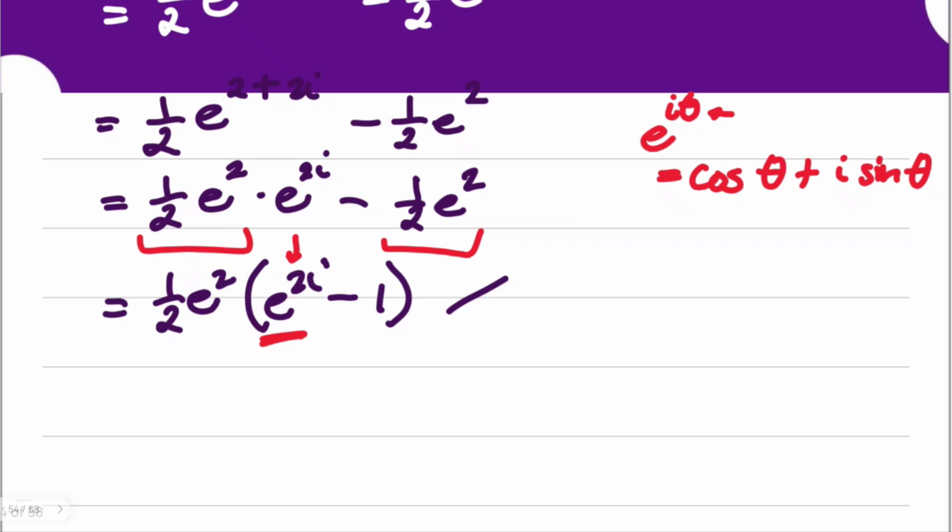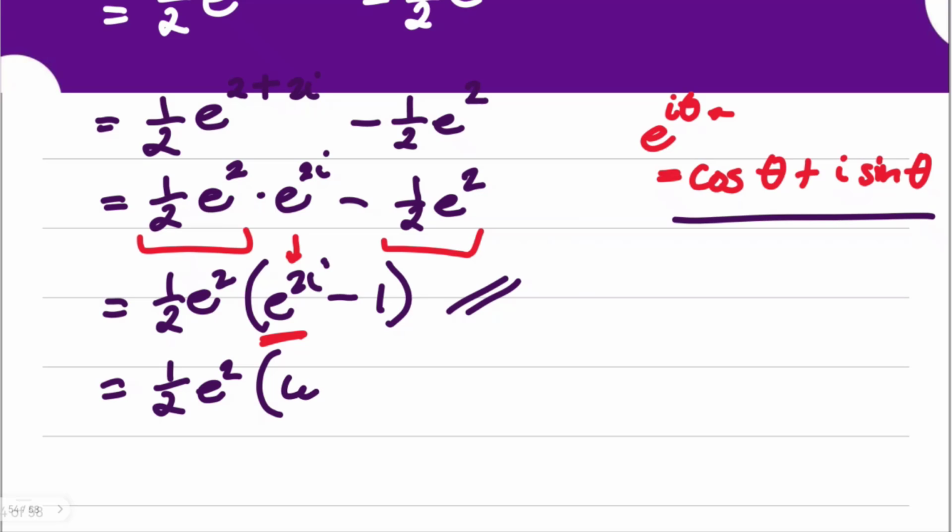This has 2, so we can rewrite this further. Again, this is already good, but we can also write this as 1/2 e squared times (cosine of 2, as that is our theta, plus i sine of 2, minus 1).